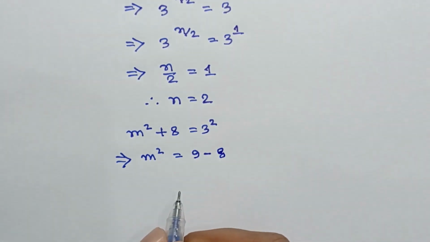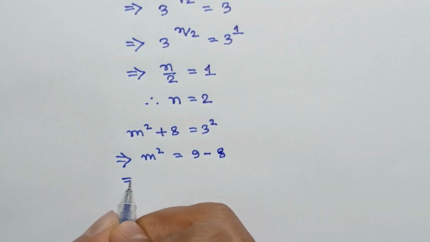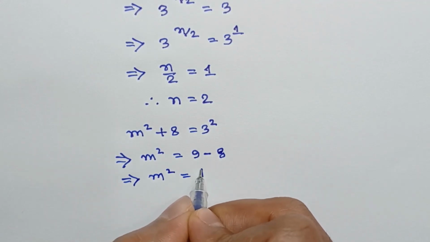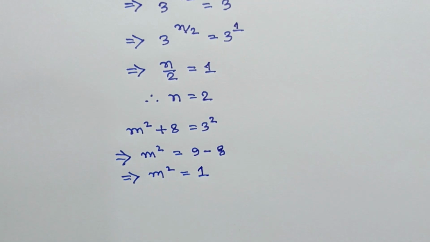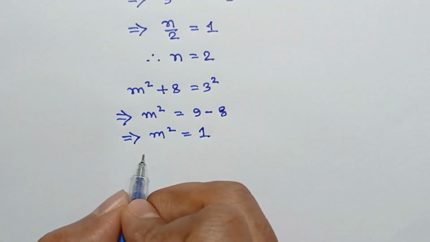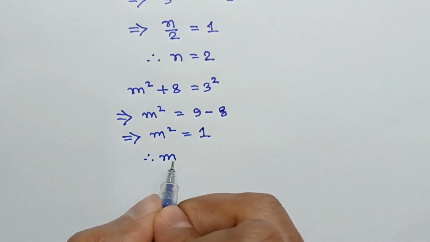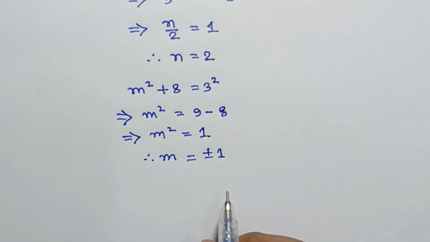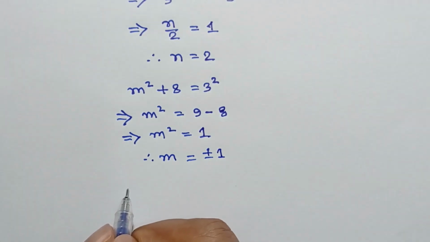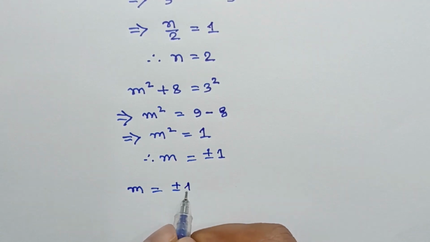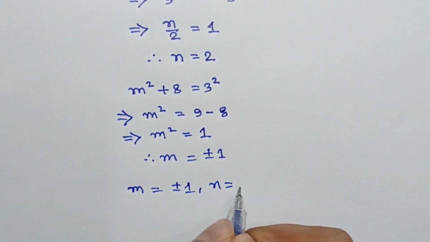So m square is equal to 1. Now if we take the square root of both sides, we will get m is equal to plus or minus 1. So the solution of this equation is m is equal to plus or minus 1 and n is equal to 2.